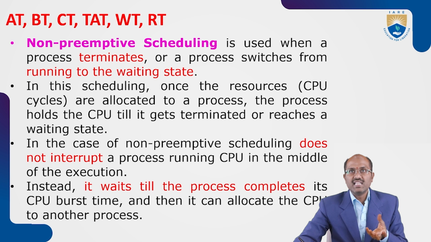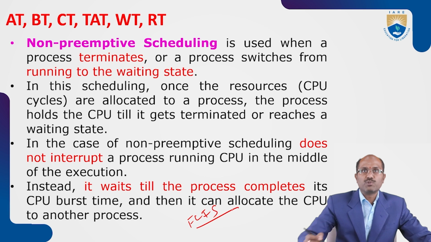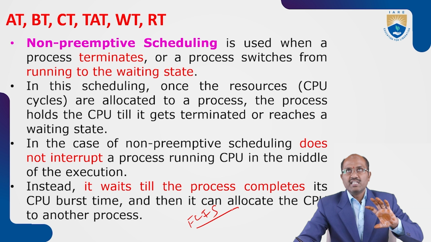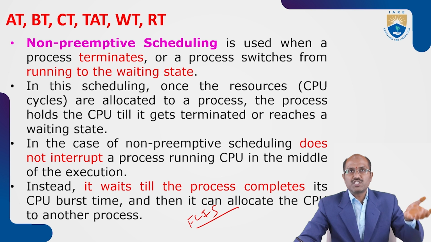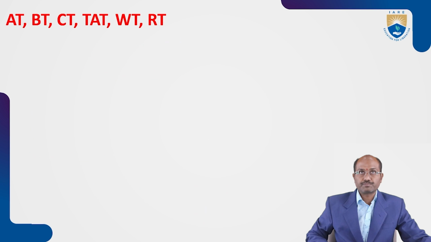Instead, it waits till the process completes its CPU burst time, and then it can allocate the CPU to another process. That totally depends on the non-preemptive nature. So first come first serve scheduling is also of non-preemptive nature. The CPU switches to another process only after the entire process completes.